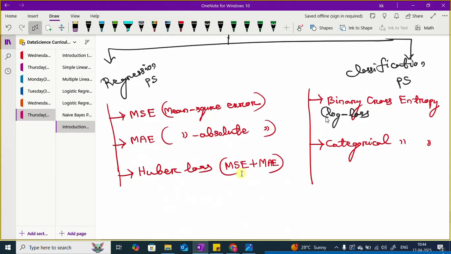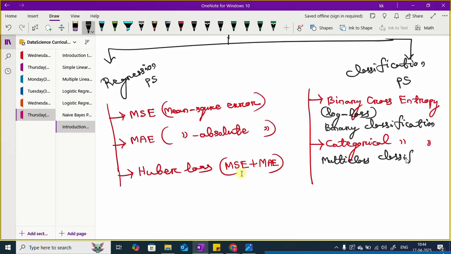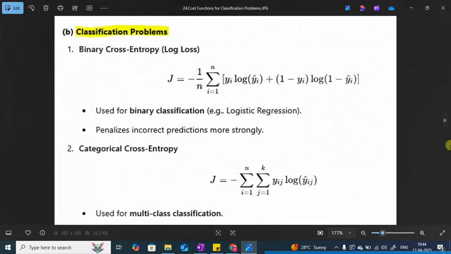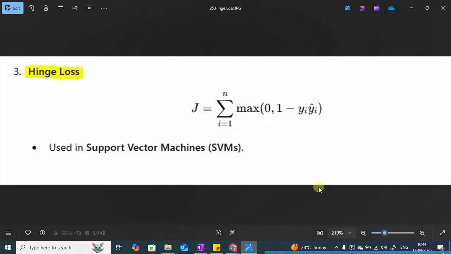And binary cross entropy we use for binary classification, and categorical cross entropy we use for multi-class classification. Clear? Binary classification and multi-class classification altogether.